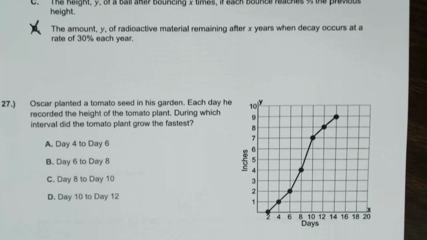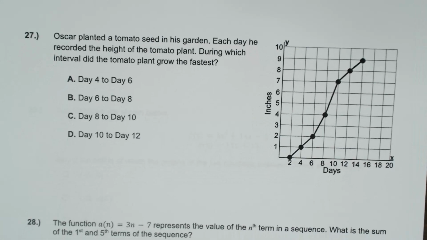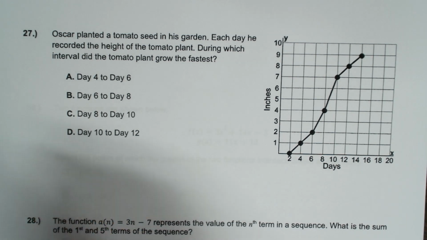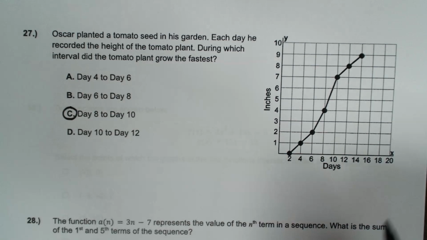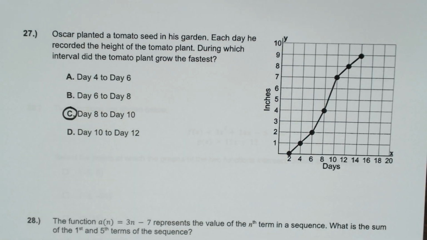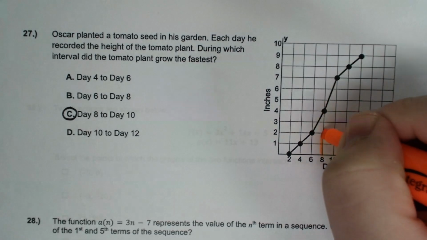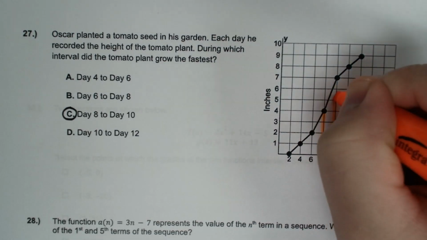Speaking of rates, number 27, Oscar planted a tomato seed in his garden. Each day he recorded the height of the tomato plant. During which interval did the tomato plant grow the fastest? What would we be looking for, the fastest rate of growth? What on this graph looks like the fastest growth? It is option C. What about day 8 to day 10 sticks out there for you? The points are further apart.